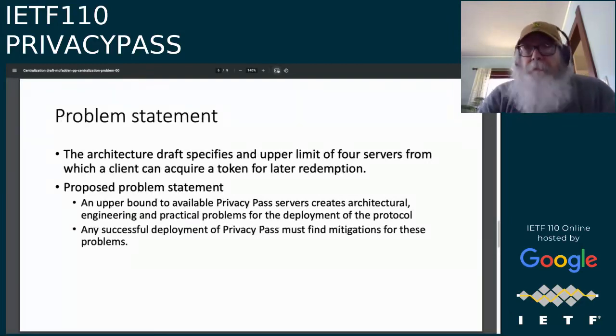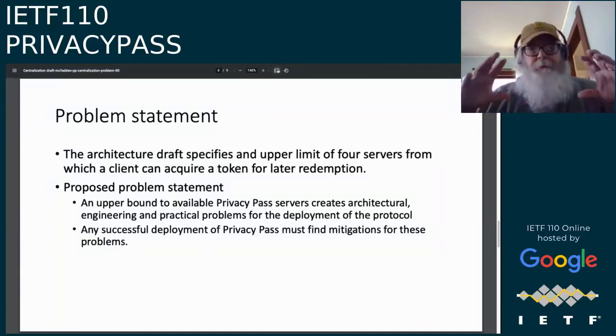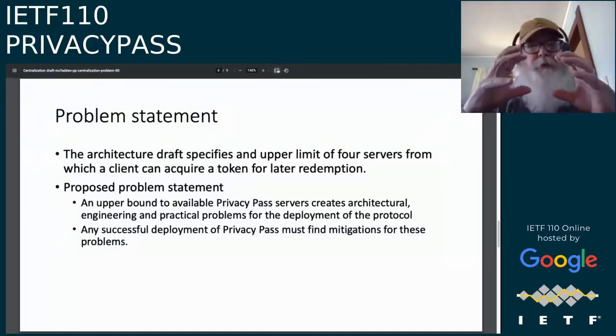So the problem statement then that's in the consolidation draft actually takes a look at what the architecture document provides as guidance. And so the basic problem statement is that if there's an upper bound available of Privacypass servers in the ecosystem, then there's a very practical problem there for deployment of the protocol, because you have a very small number of issuing servers.